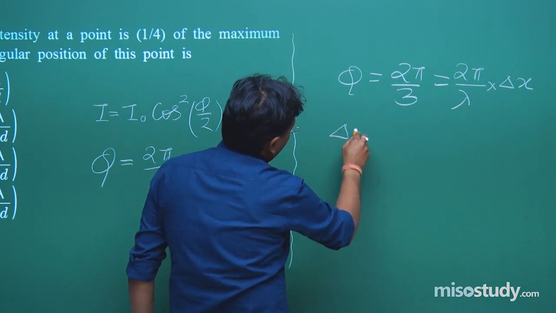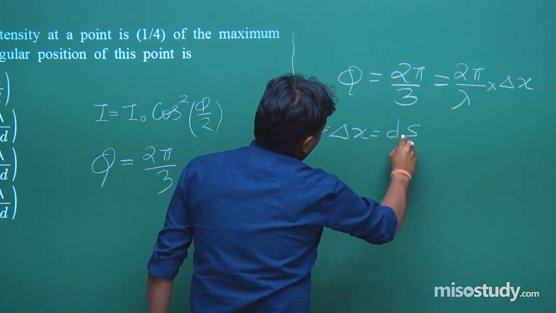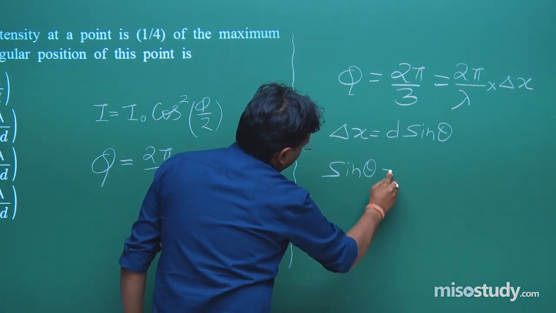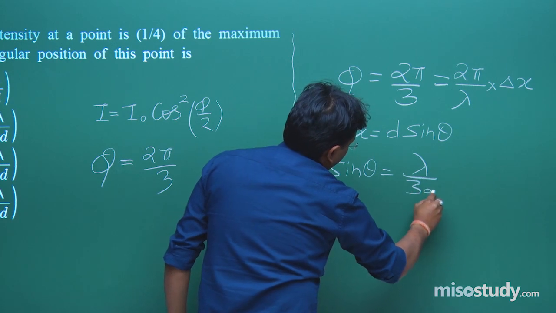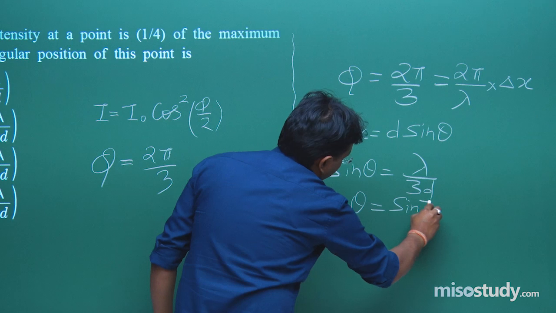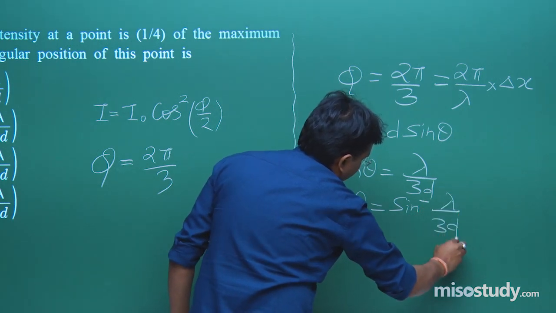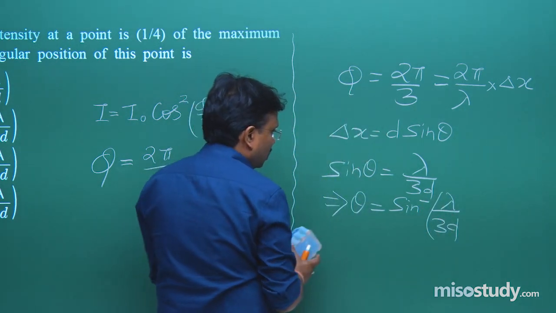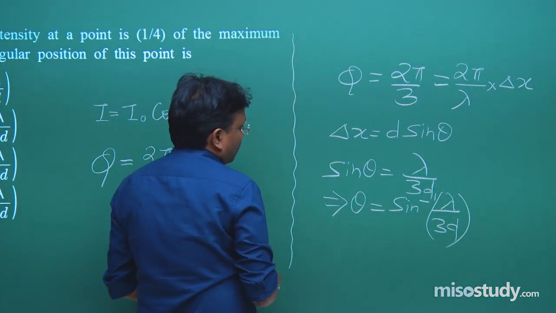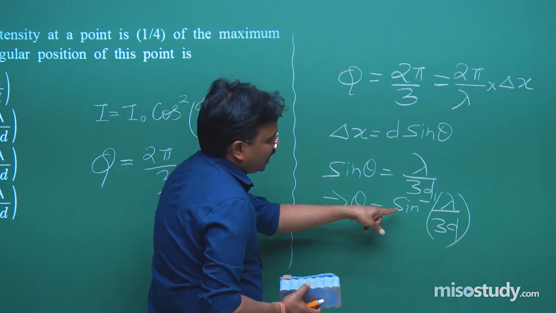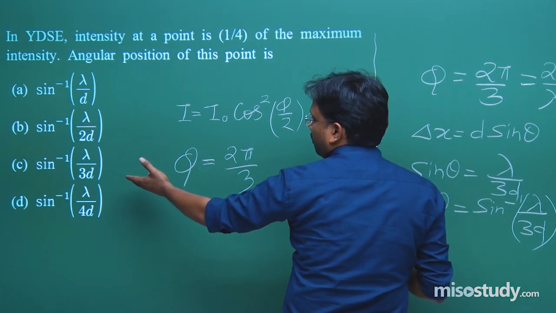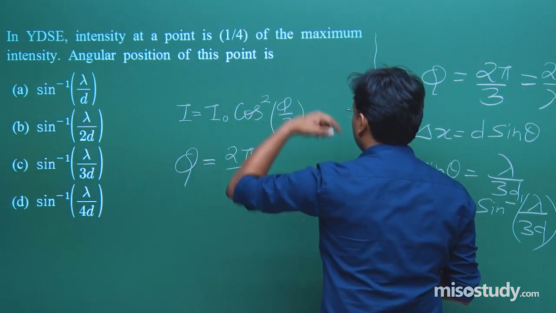And now from here delta x is equal to d sine theta, or sine theta is equal to lambda by 3d, or theta is equal to sine inverse lambda by 3d. Sorry, no problem. I can write it more clearly: theta is equal to sine inverse lambda upon 3d. So theta is equal to sine inverse lambda upon 3d, that is C, the correct option.